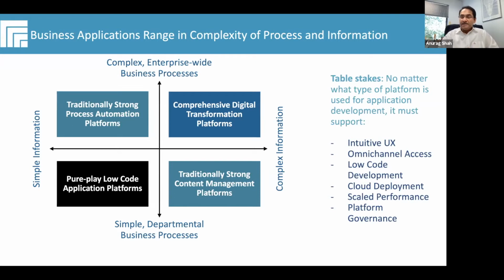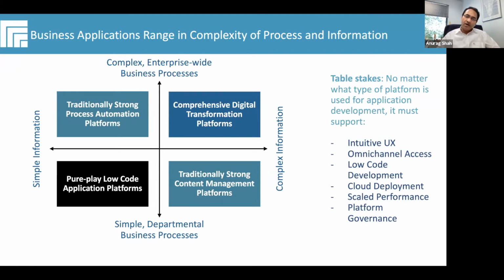So enterprises are processing simple to complex types of information. And on the vertical axis, from bottom to top, it moves from simple and departmental business processes to complex and enterprise-wide business processes. Those are the two axes on which we try to plot what is happening where.